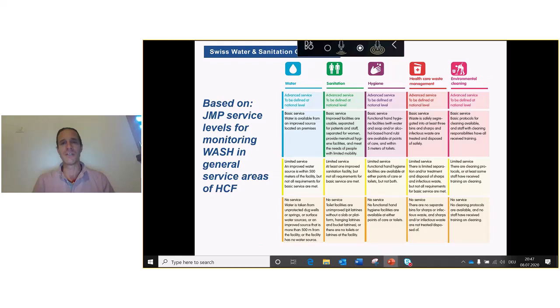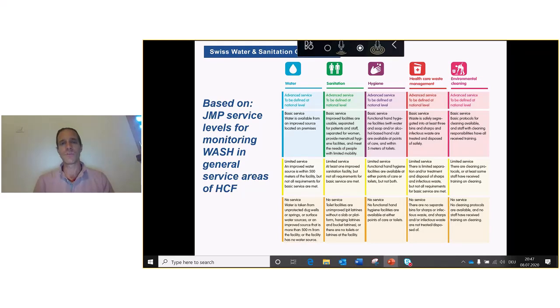Our base is the joint monitoring program of WHO and UNICEF in the Sustainable Development Goal monitoring framework, their laddered approach to different levels of service. They have included guidelines on WASH in healthcare facilities for 5 different kinds of services. You see water, sanitation, hand hygiene, as well as healthcare waste management and environmental cleaning.